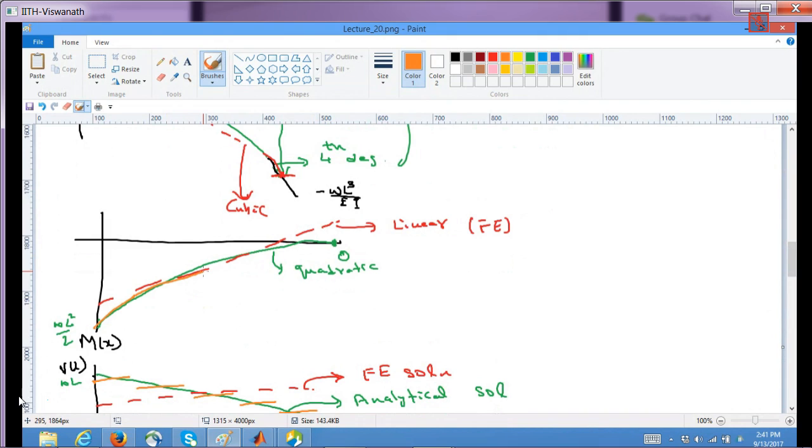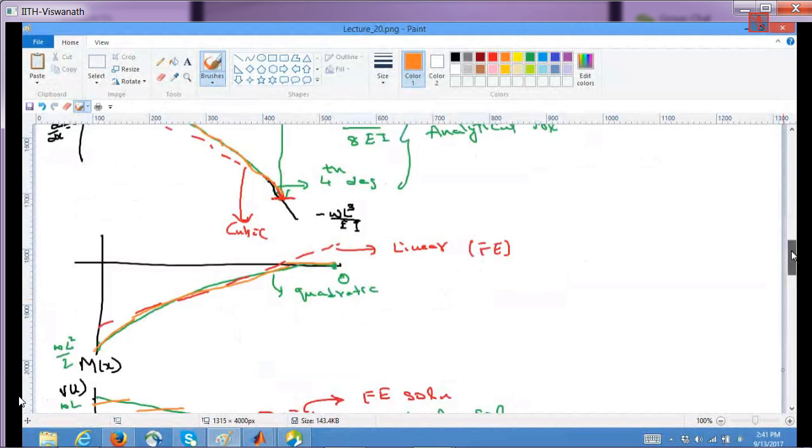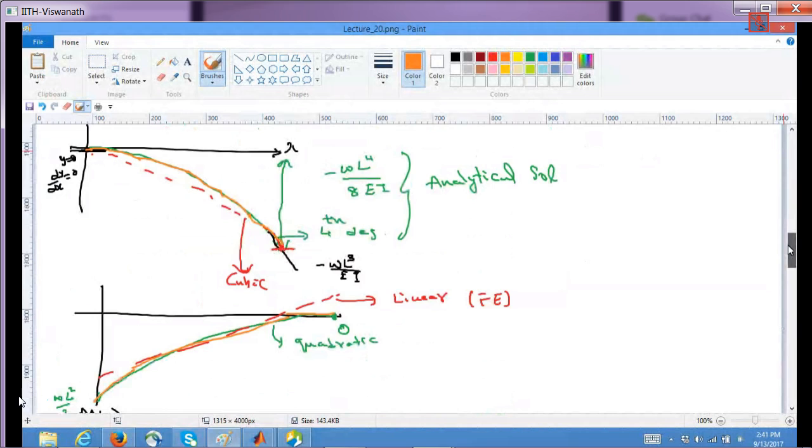Different lines. Different cubics for 5 pieces, a small cubic at every piece, which will fall closely compared to the analytical solution. So even though a one element solution may be bad, if you have many elements, that means piecewise linear, you can mimic very closely the exact solution.